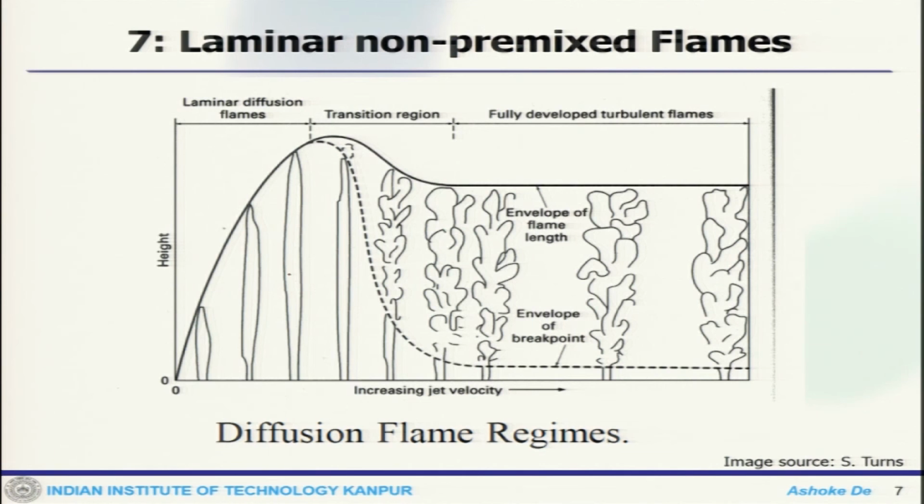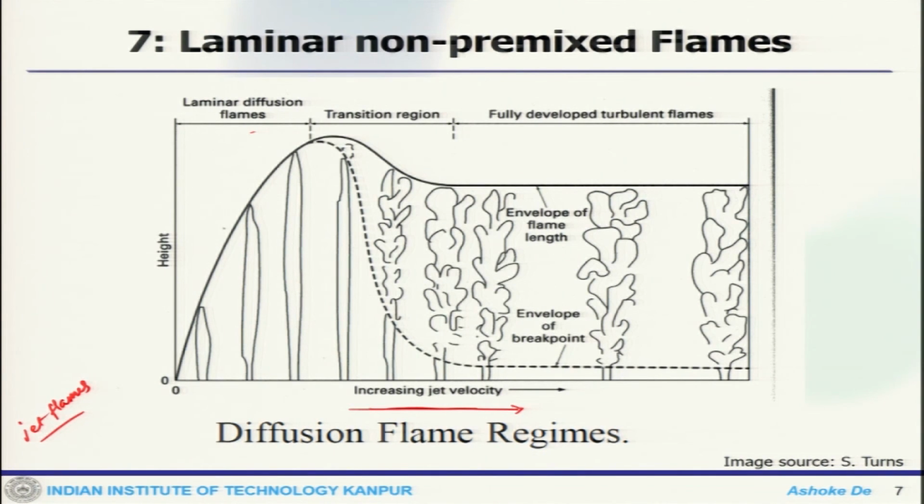First, you can have a laminar diffusion flame, and in the laminar diffusion flame, with the increasing jet velocity, that means for simple jet flames, this is not for all, this is for some jet flames, you can see the height is increasing. That is a laminar diffusion flame. Now, this is along with the increasing jet velocity.